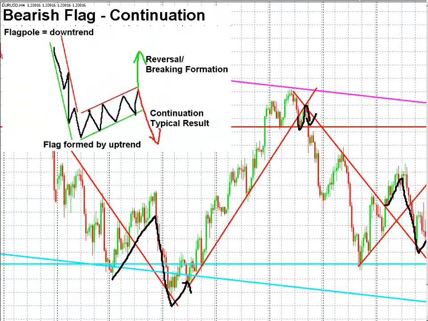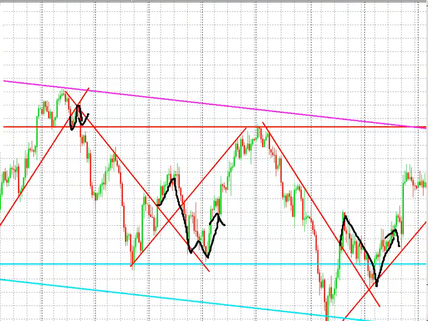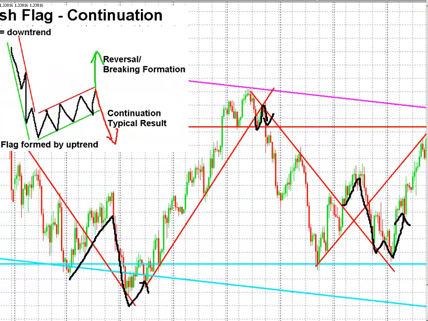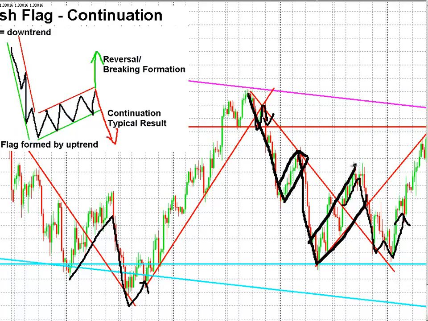Another bearish flag. This is Euro USD May to July, and again a 4-hour chart. Flag, consolidation, flag, consolidation, and then it goes down, and that's it.